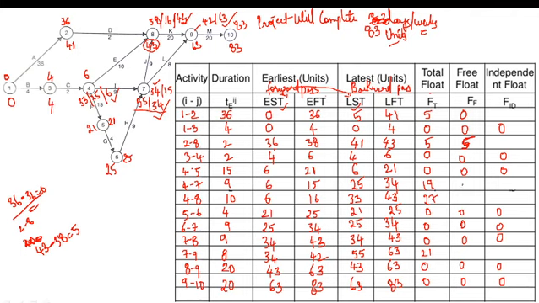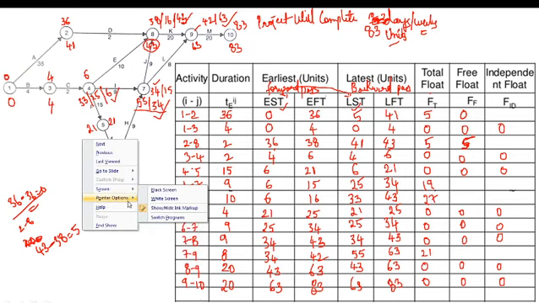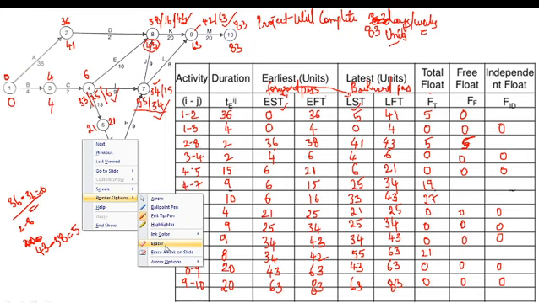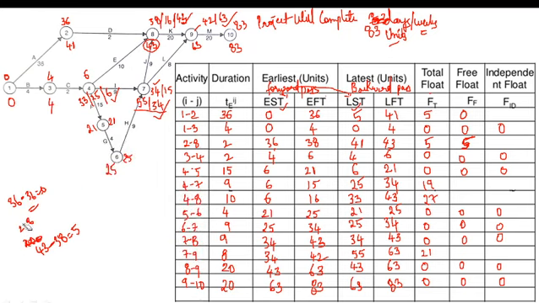Now next, for activity 4 to 7, I will erase this so that I can get the free space.